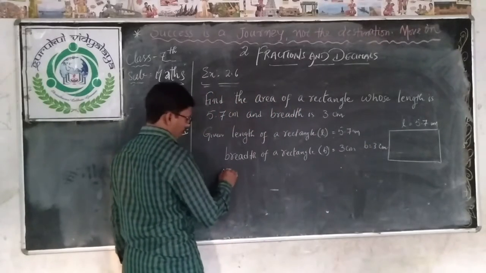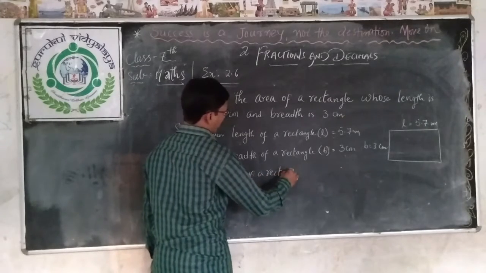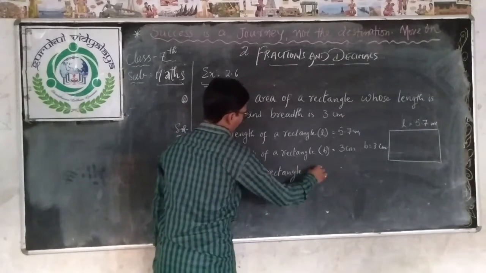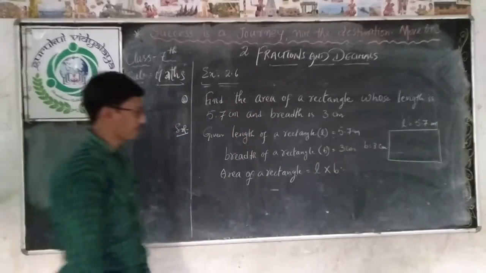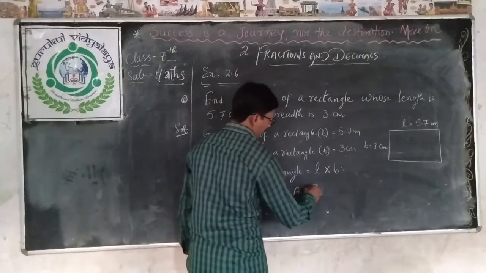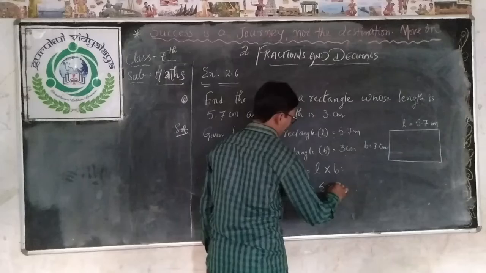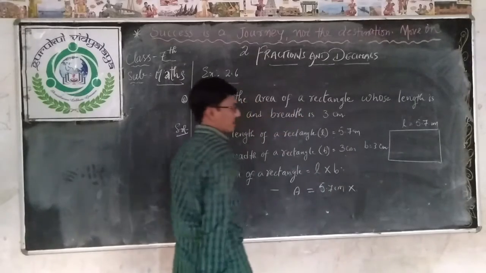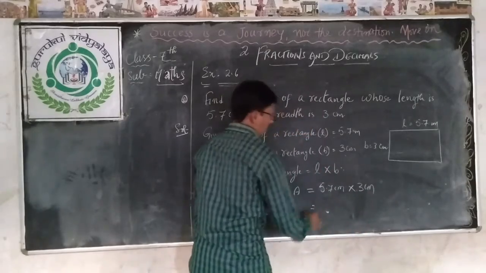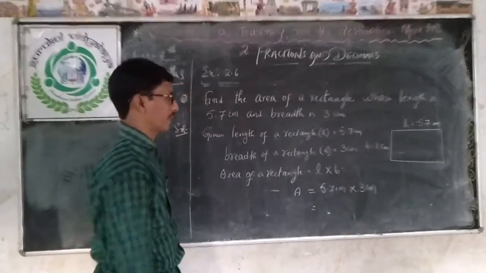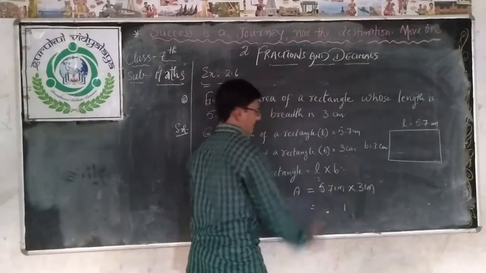Area of a rectangle is equal to length into breadth. So area is equal to length 5.7 centimeters into breadth 3 centimeters. Multiply 5.7 into 3. 3 sevens are 21 and 2 is carried.